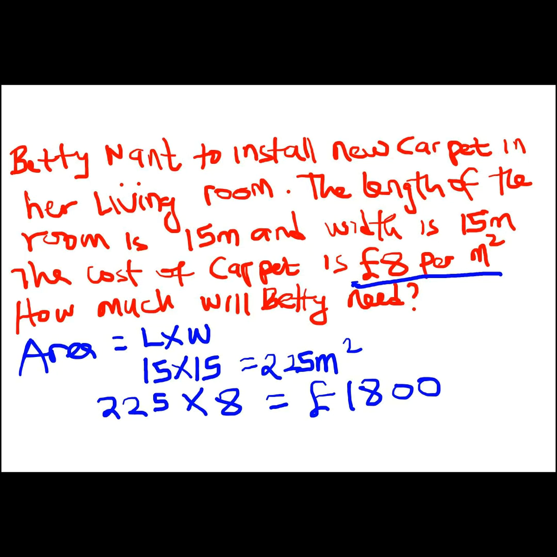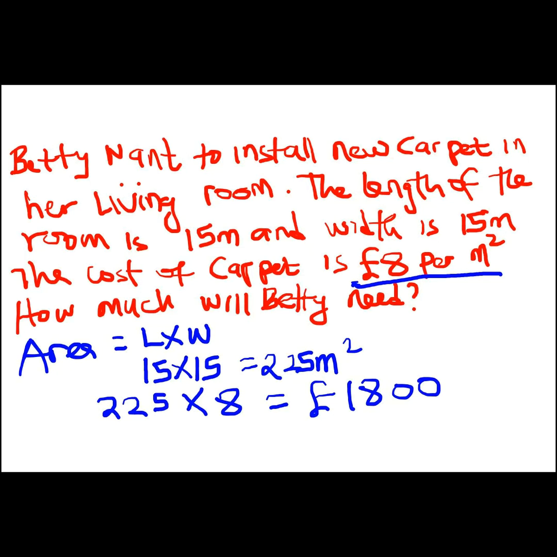So who doesn't get it? So can you explain to me now how you think I got it? Can Solomon start, please? Then the others will follow. Can you explain how I got this thing, please? Yeah, as you explain, we have to use length times width, then that is 15 times 15 gives you 225.